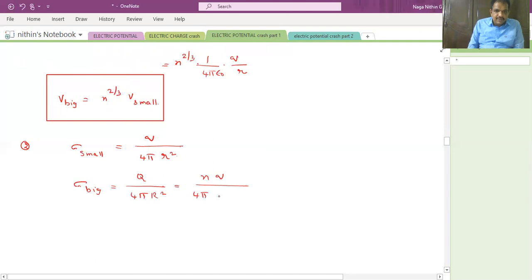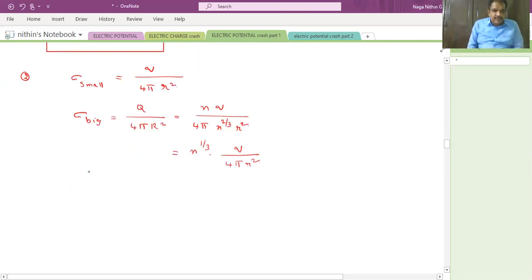Capital R is n power 1 by 3 into small r, so this value squared gives n power 2 by 3 small r square. N by n power 2 by 3 means n power 1 by 3, times Q by 4 pi r square. So here what we get is sigma big is equal to n power 1 by 3 into sigma small.